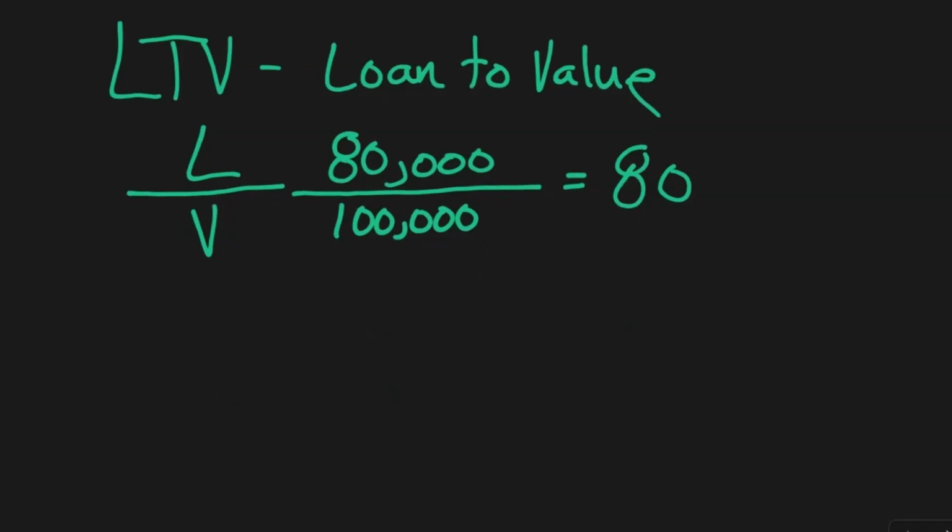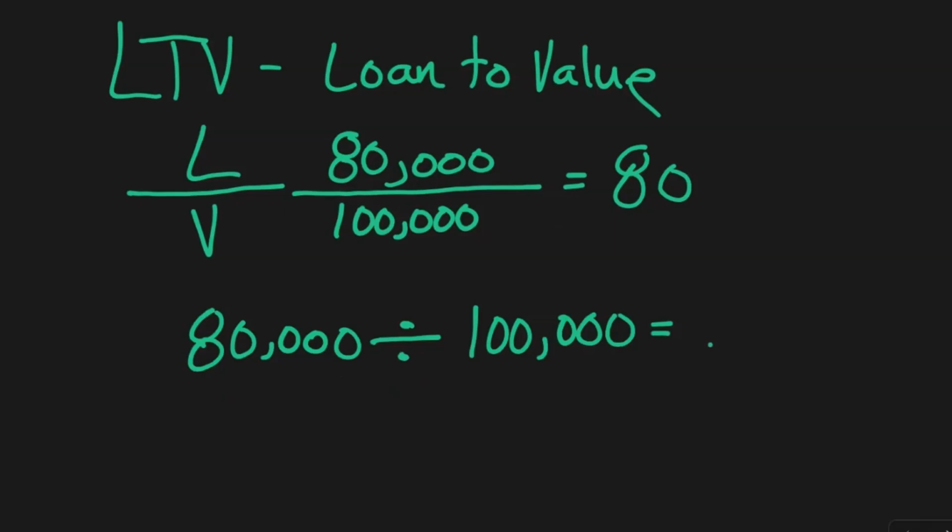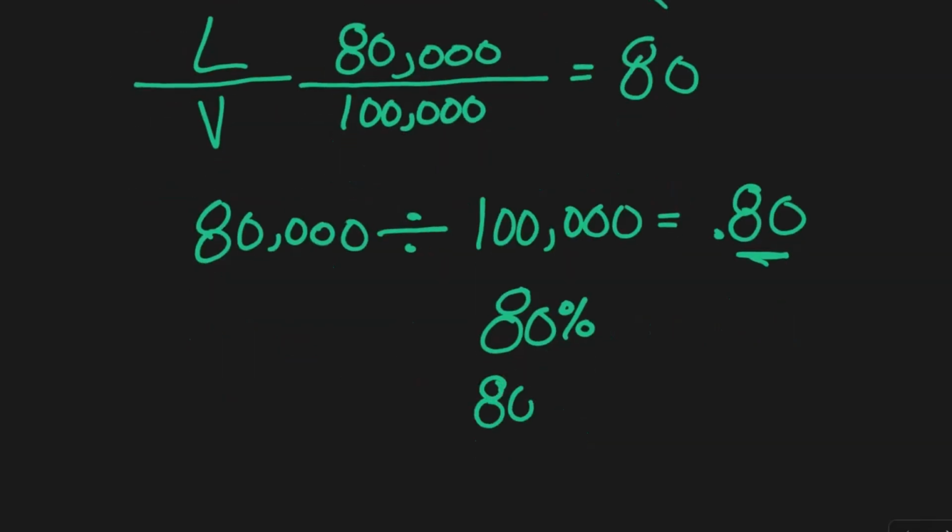So if you were to plug this into your calculator, it would be 80,000 divided by 100,000, and you will get 0.8. 0.8 is the same as 80%. 80% is an 80 LTV.